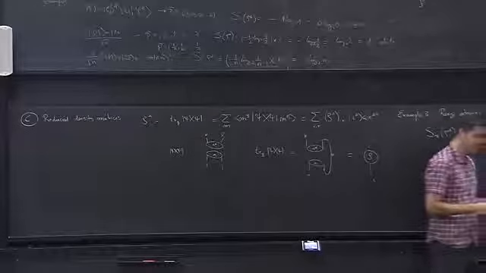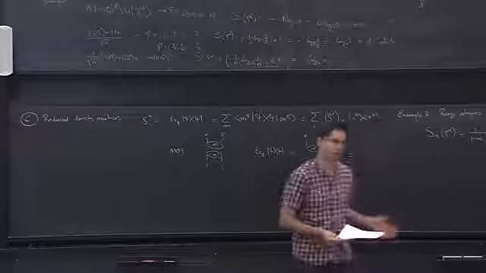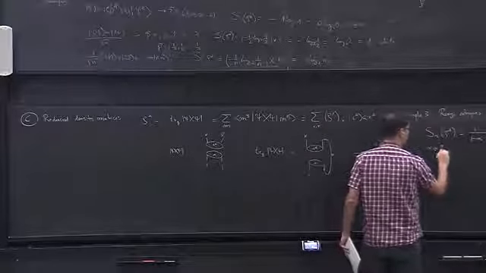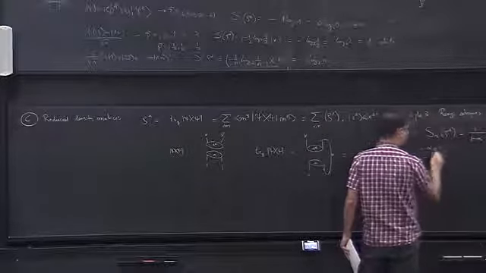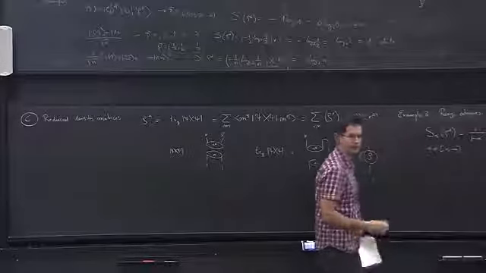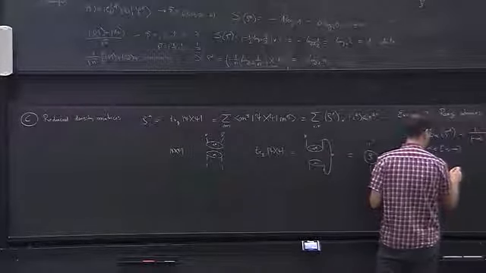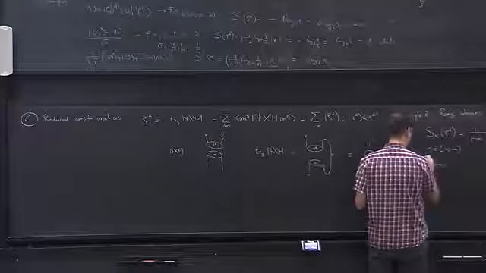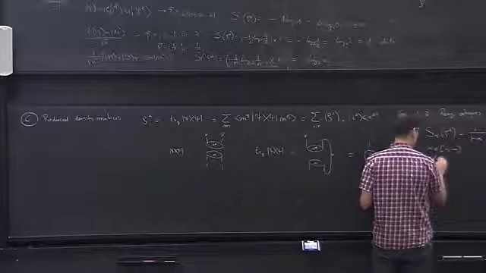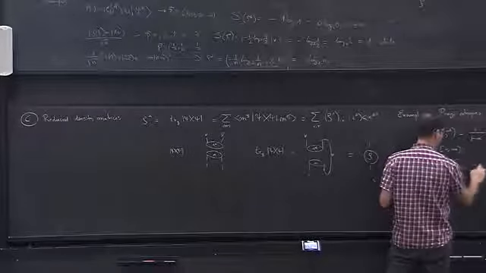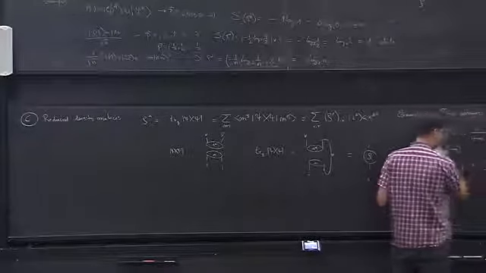Okay, and for each value of alpha from 0 to infinity you have a different measure of entanglement, and one can show that in the limit when alpha goes to 1, this becomes the von Neumann entropy.